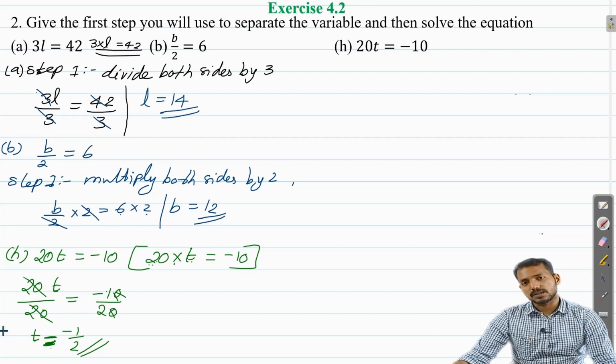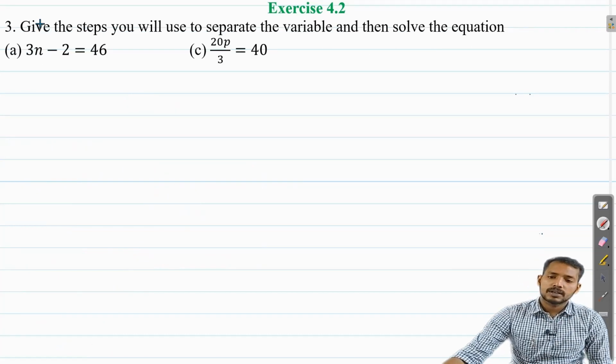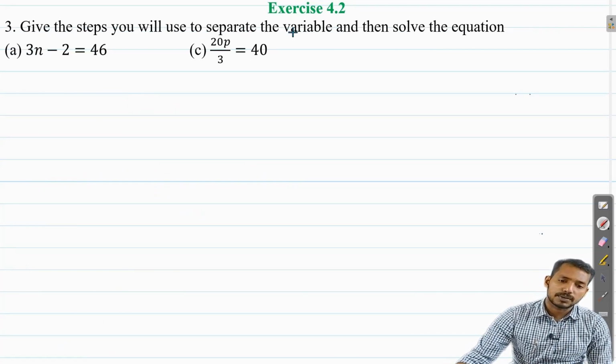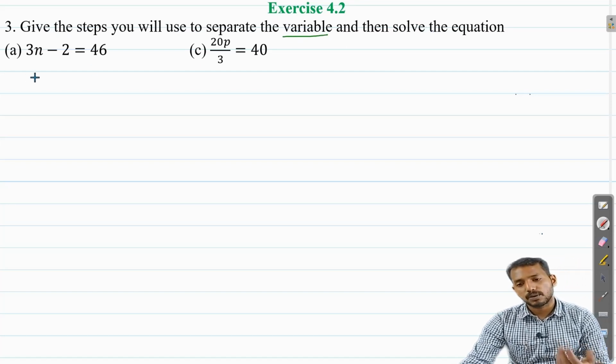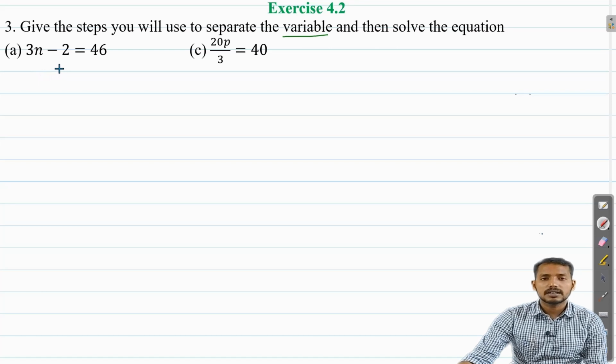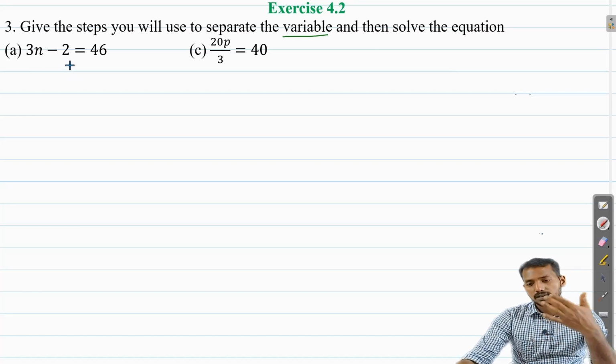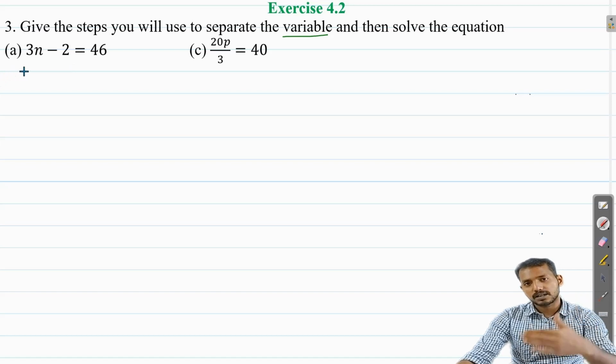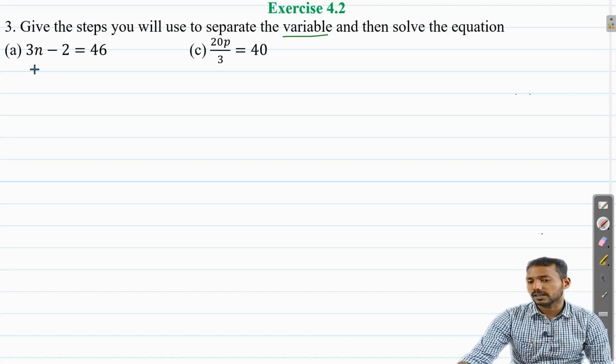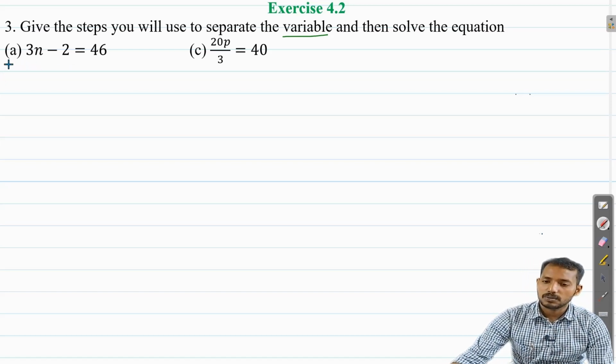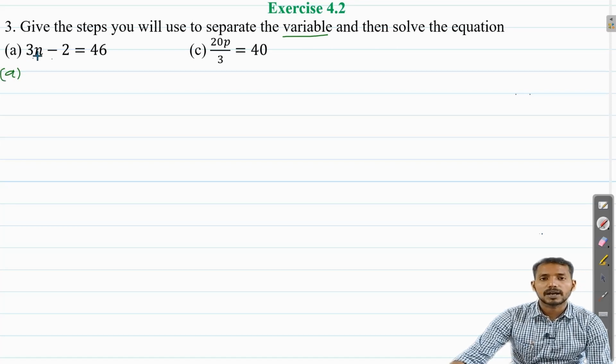Now let's move to the next question. Give the steps you will use to separate the variable and then solve the equation. First we need to provide the steps, then we need to solve the equation. It is given like that. But let's write the steps and solve together. Okay, so in option A, here 3 is multiplied to the variable and 2 is subtracted from this complete term.